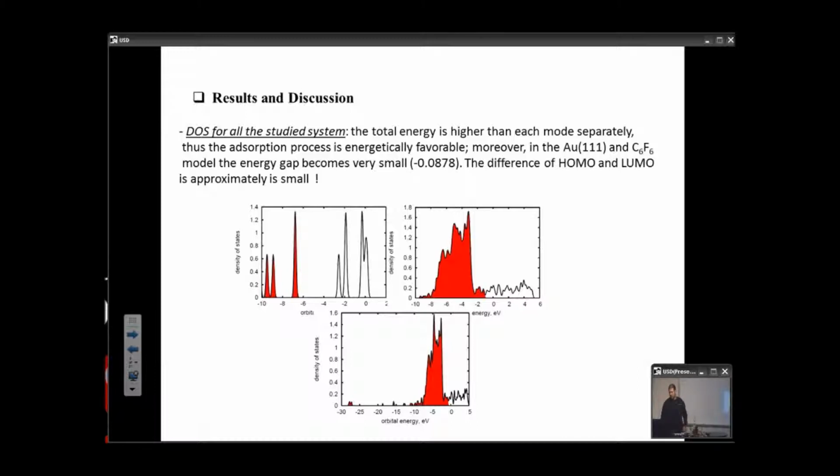The right picture shows the gold surface. As we see, there is no gap in the surface. The third picture, I don't want to confuse you, but it tells the story that there is a combination between the C6F6 and the surface, and you can see there is also no gap between HOMO and LUMO.